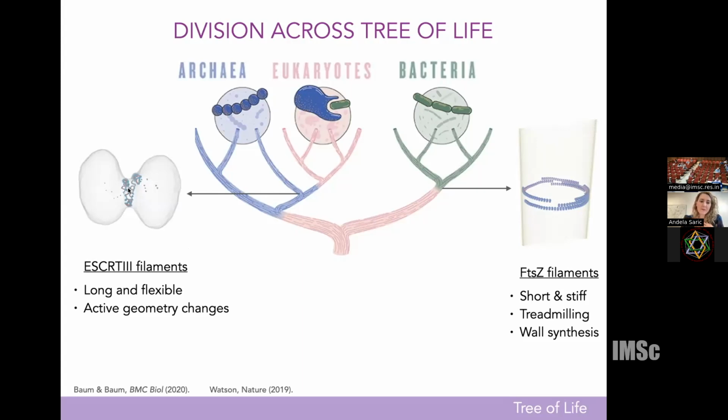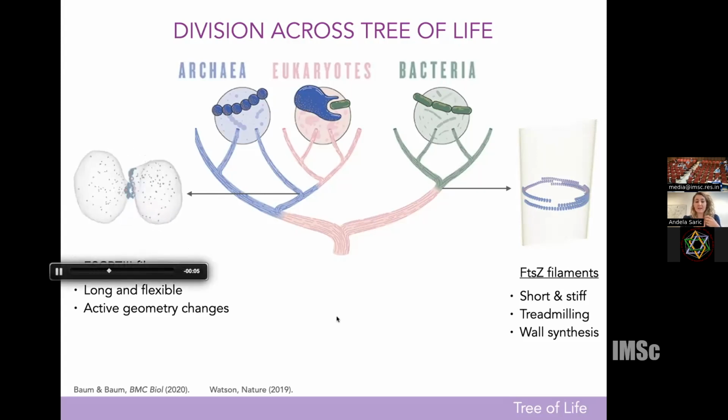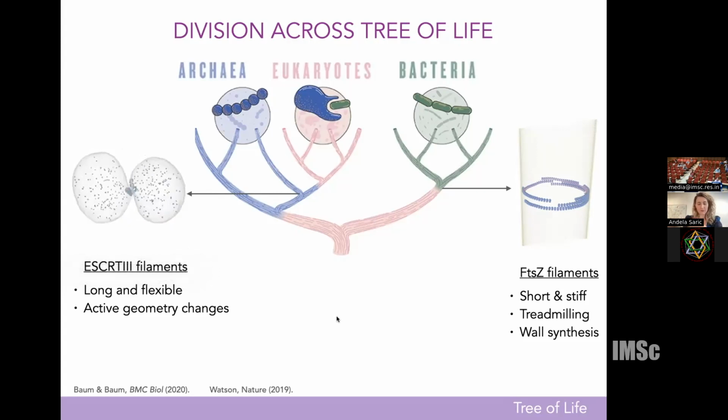They have, again, a ring of protein filament in the middle called the ESCRT filament. It's long and flexible as opposed to short and stiff in bacteria. And it actually squishes the cell, producing mechanical force through some active geometry change that's driven by energy consumption. So those are the two prokaryotic branches of the tree of life.